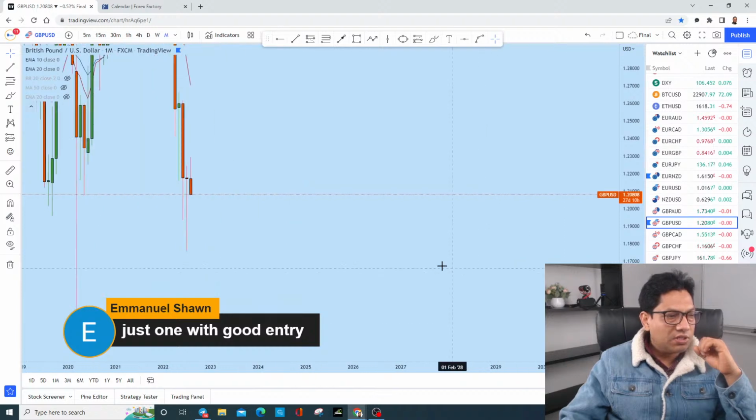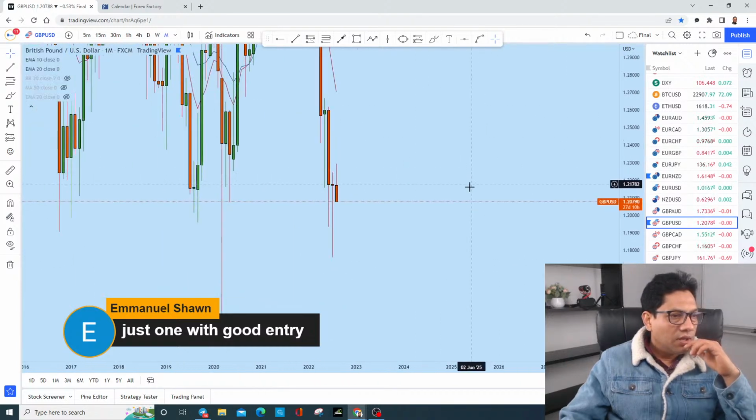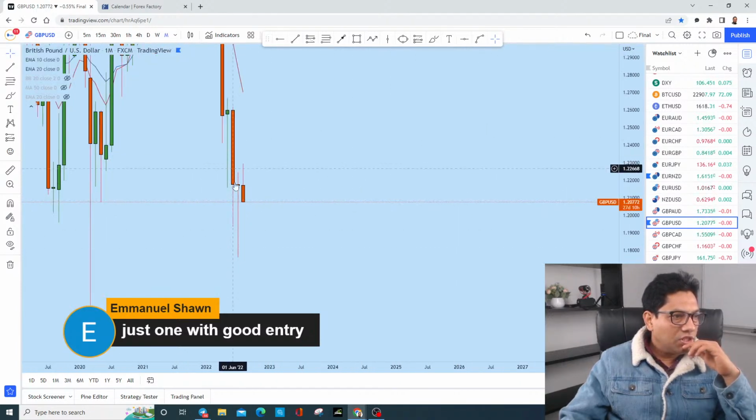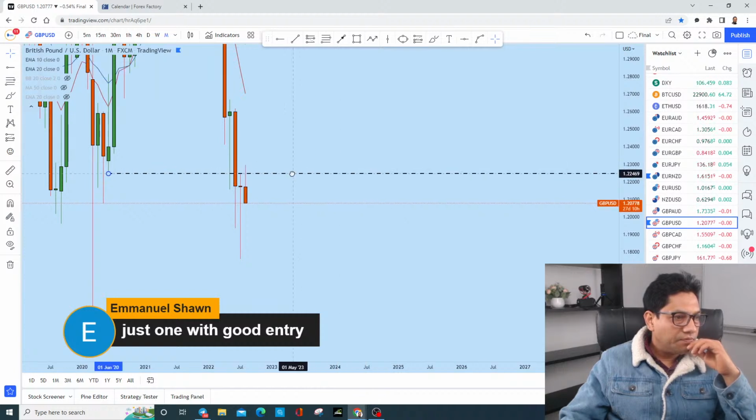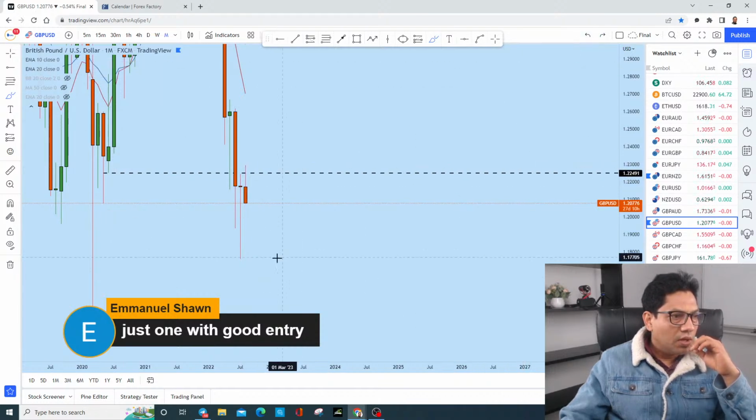You can see this is British pound US dollar. There is a doji on the monthly, and GBPUSD crossed this monthly doji's high and created a fake move, and then started to retreat back.